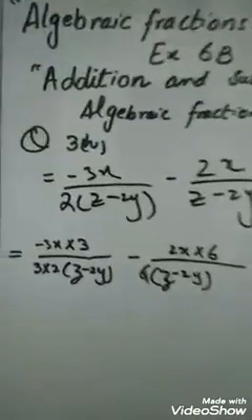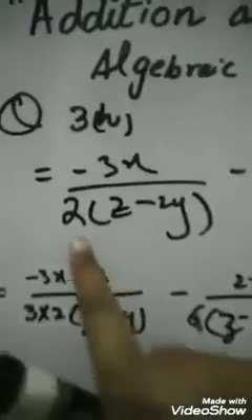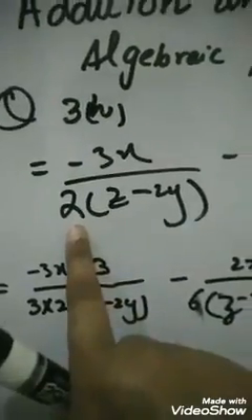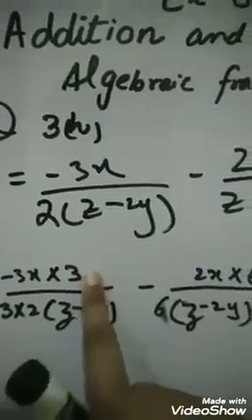Now we will make the denominator 6 into z minus 2y. Here is 2, and I have multiplied this by 3, and the numerator will be multiplied by 3.